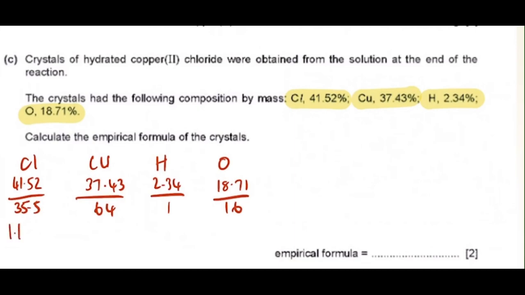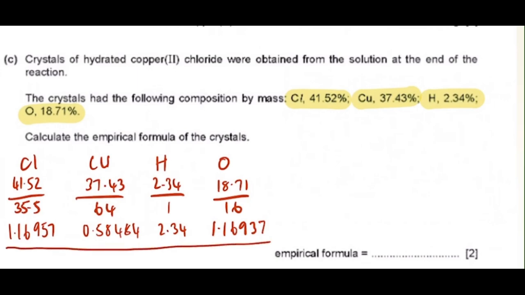So 1.16957, and we're going to keep as many decimal places as we possibly can. Then 0.58484. 2.34 over 1 is obviously 2.34. 18.71 over 16 is 1.1693. So you can see roughly that the chlorine and the oxygen have come up with almost the same number, so they're going to be the same ratio. And our lowest number is 0.58. So now we're going to divide everything by 0.58484.